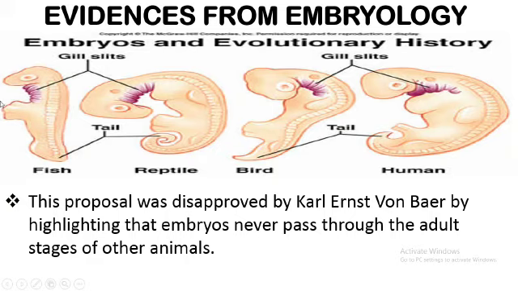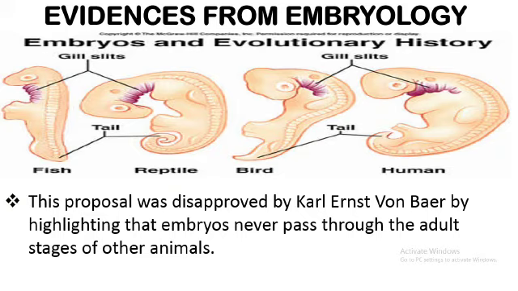You see in all of these, there are pharyngeal gill slits. So what does this indicate? That all these animals are closely related, or they have a connection with one another as far as their development and evolution are concerned.